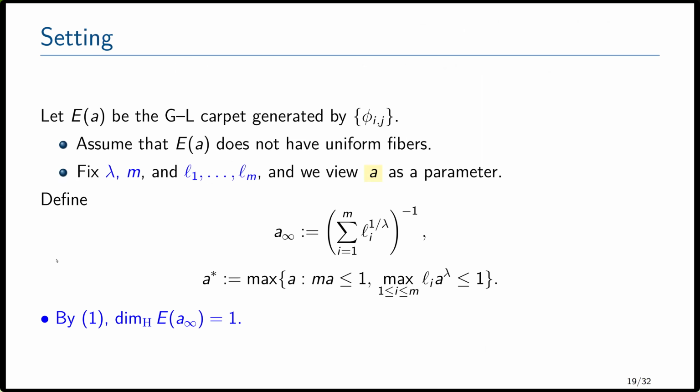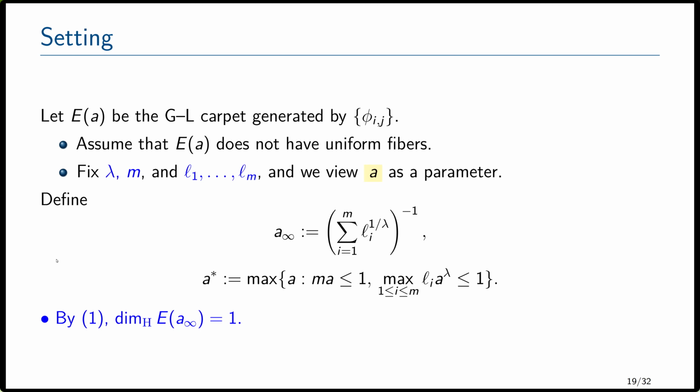And we define two critical points. Infinity we defined before, and infinity comes from the result on Hausdorff dimension, that if A is infinity, then the Hausdorff dimension is 1. And A star is the value such that the rectangles fit in the unit cube. Because here we have m columns, each of width A, so mA is less than 1.